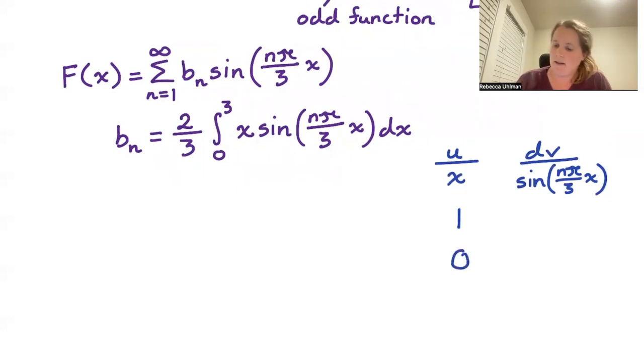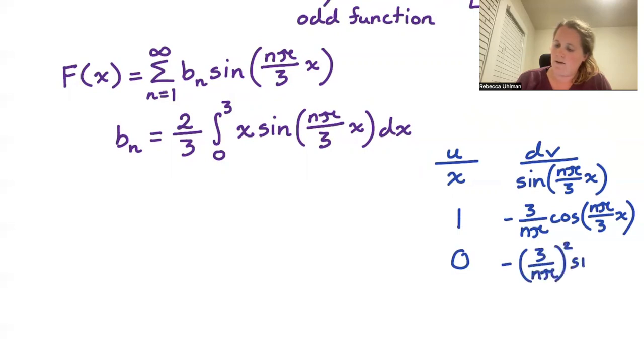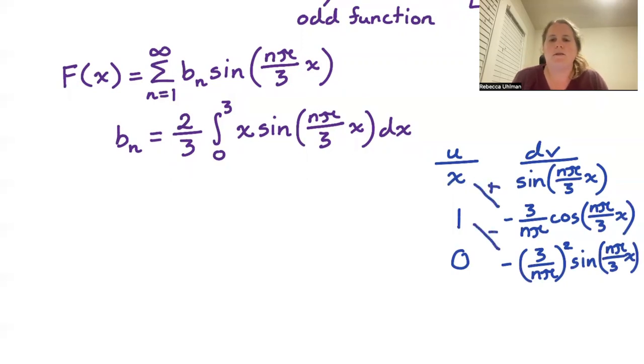Integrating on the right-hand side, we will have a -3 over n pi times cosine of n pi over 3x. Then we would have a -3 over n pi, that entire fraction squared, sine n pi over 3x. Multiplying on the diagonals, take the positive product for the first diagonal, negative product for the second diagonal.